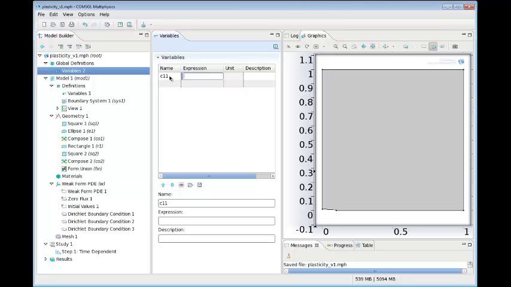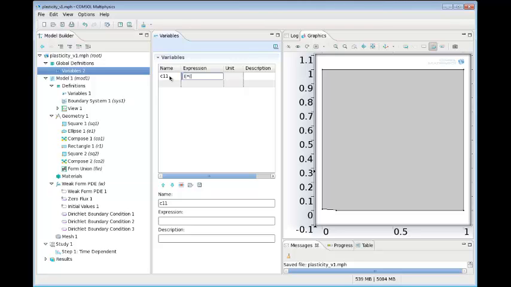Okay, so for plane strain, C11 will be E times 1 minus nu squared divided by 1 plus nu divided by 1 minus nu minus 2 times nu squared.